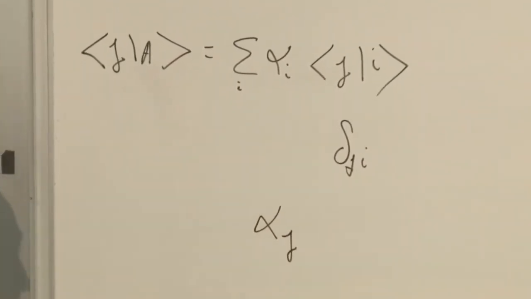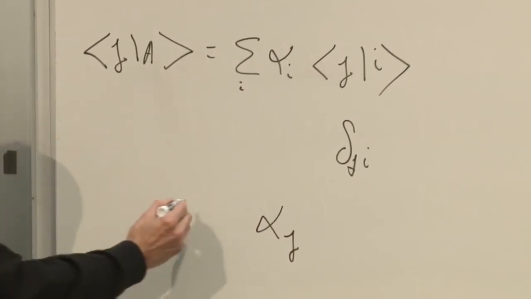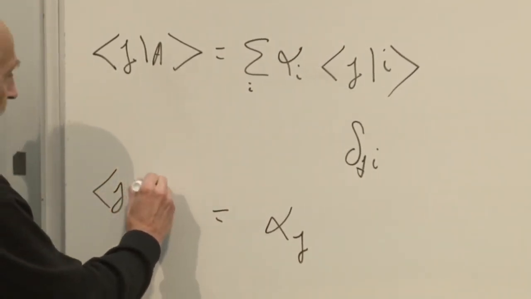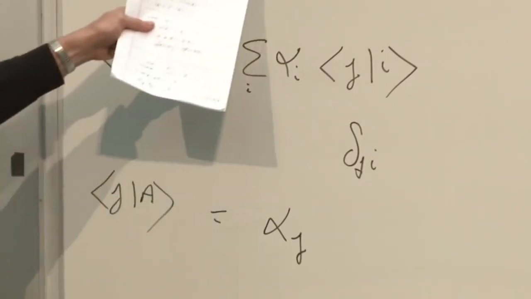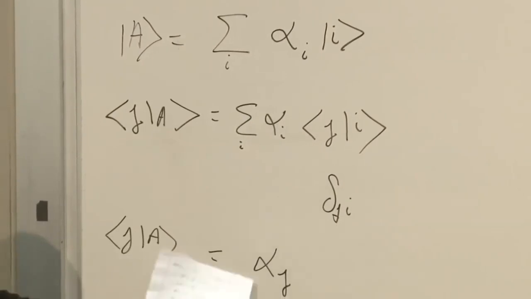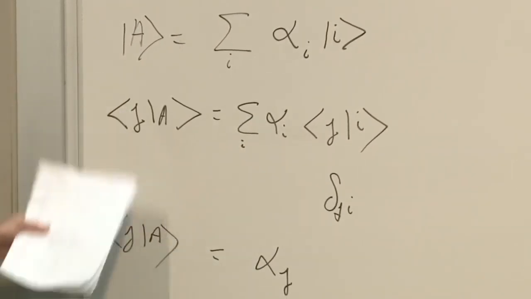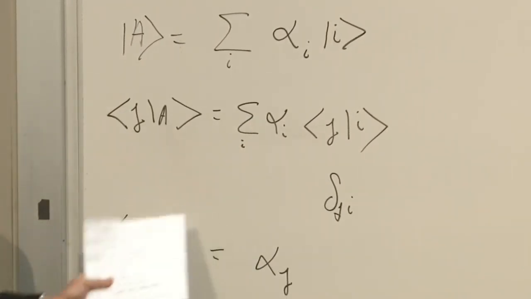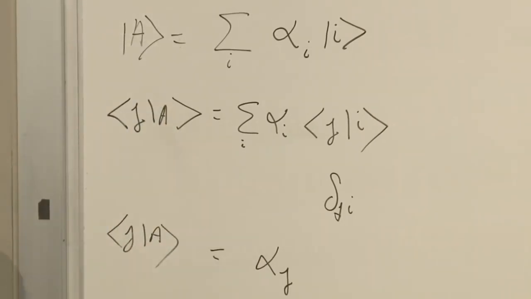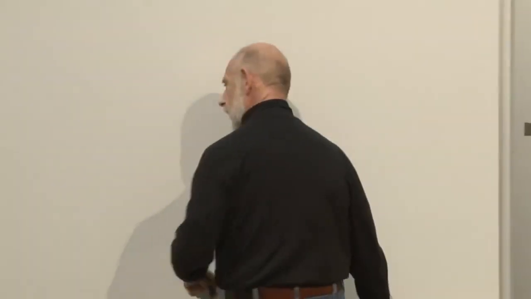The sum is collapsed to one term, and that's now equal to the inner product of j with A. All right, so what have we learned? We've learned that the coefficient in the expansion of any vector is just the inner product of the jth vector with the target vector, with the vector we're trying to describe. The fact that I wrote a j there is irrelevant.